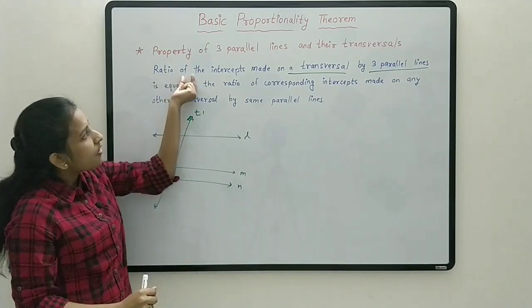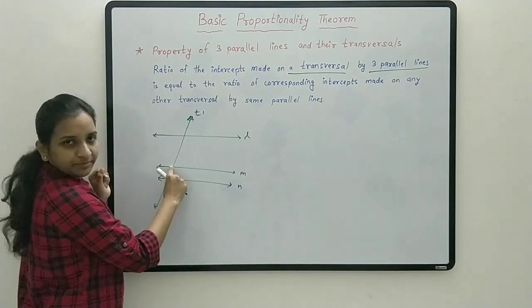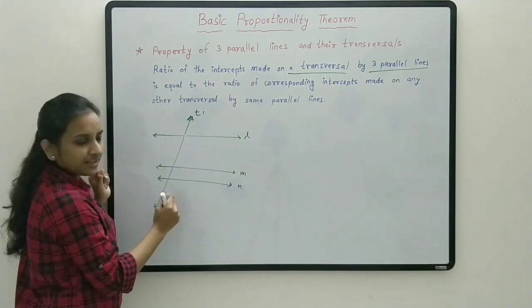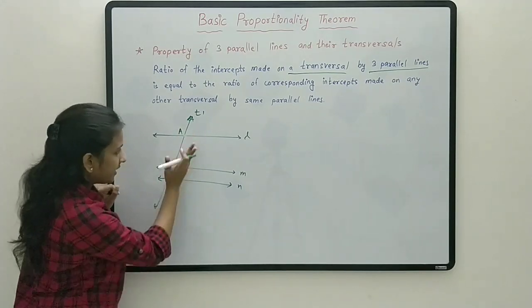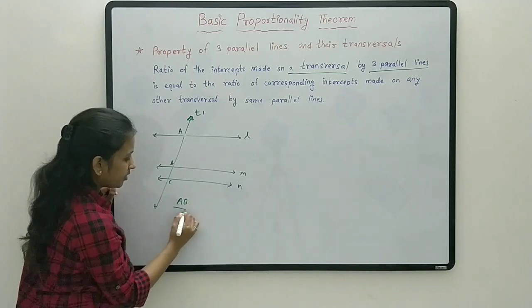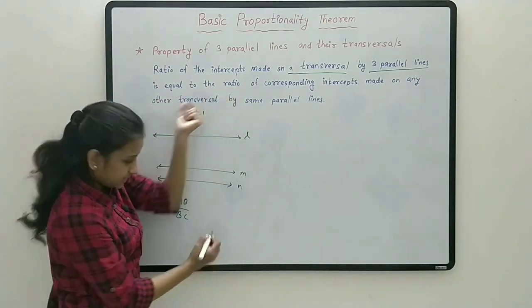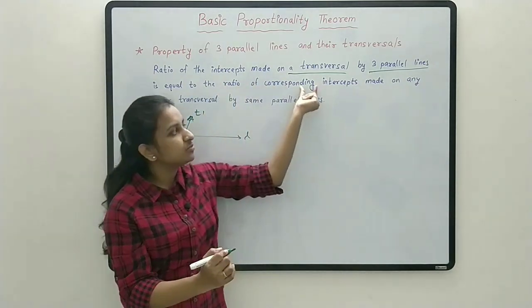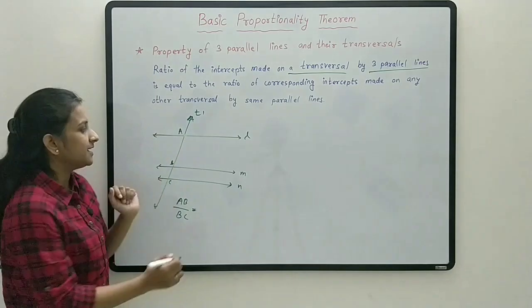Now, the ratio of the intercepts made on the transversal. These are the intercepts on this transversal. Say A, B, C are the points. The ratio of these intercepts, AB upon BC, is equal to the ratio of corresponding intercepts made on any other transversal.